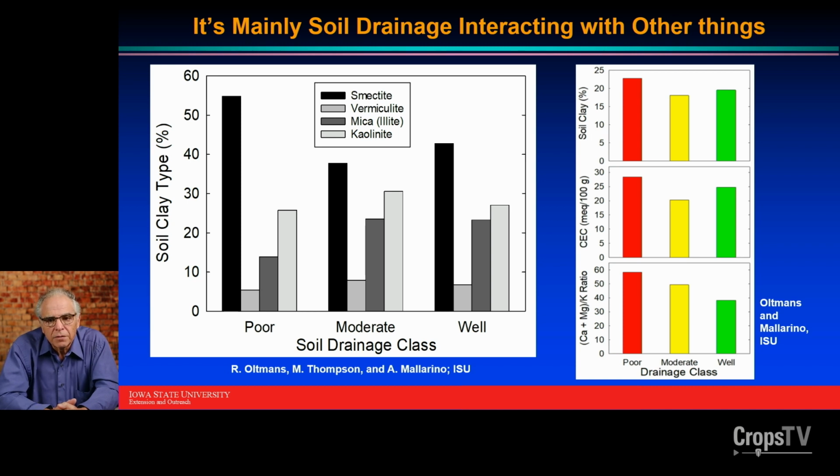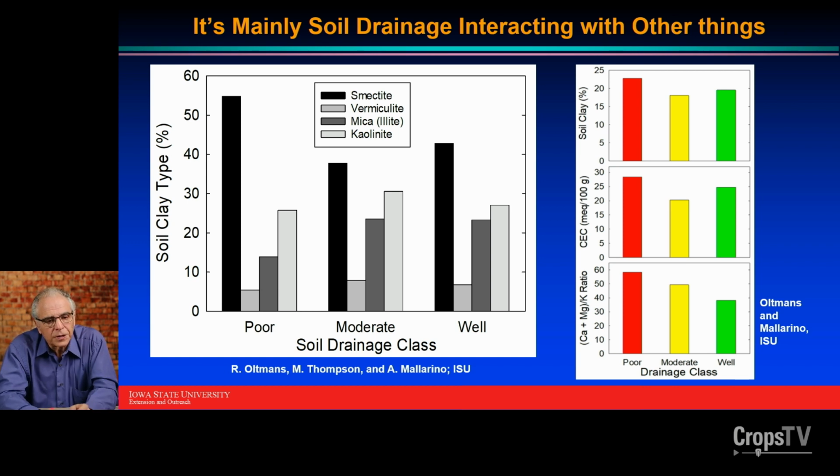But we have these results, and it shows what we are trying to see, why we have this difference for those poorly drained soils, that one test is much better than the other and so forth. So the graph on the left shows the clay type, okay? And I grouped them by drainage.